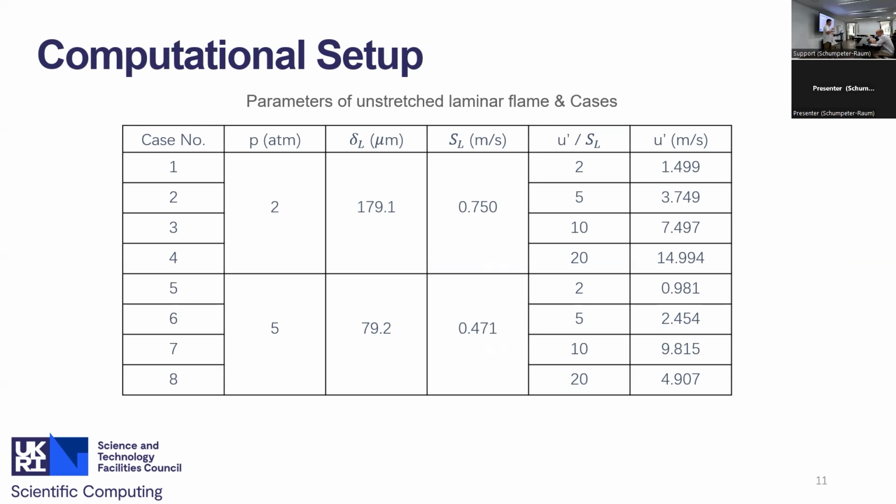They all have the same equivalence ratio 0.6, but with different velocity fluctuations, different levels of turbulence intensity. So we try to understand how the interaction behaves differently with different turbulence intensity and different pressure.